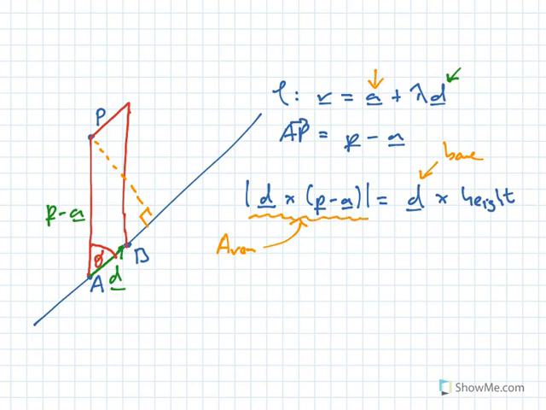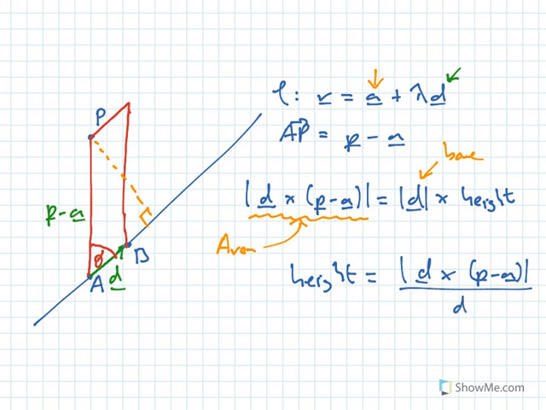If I rearrange this, then the height is equal to d crossed with p minus a, all over the magnitude of d.